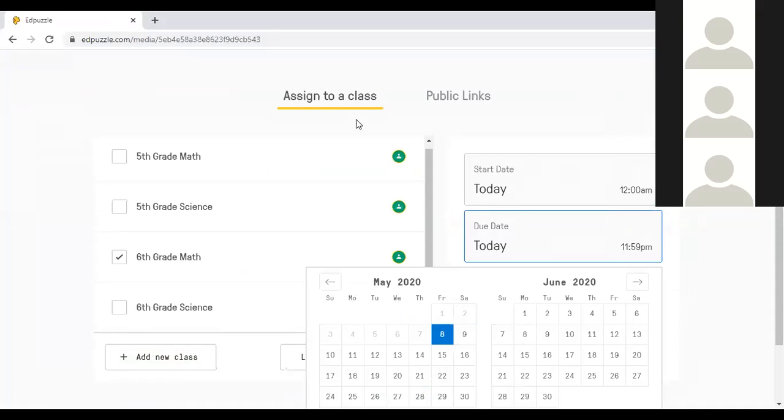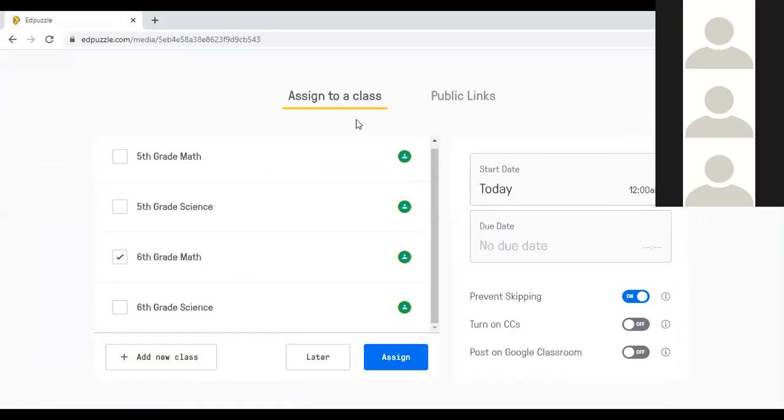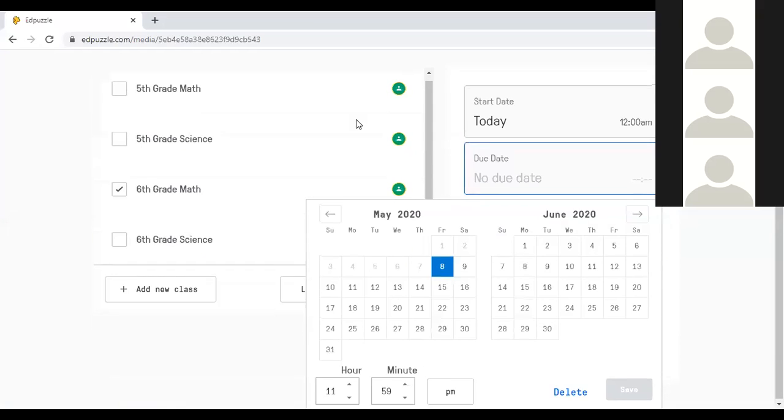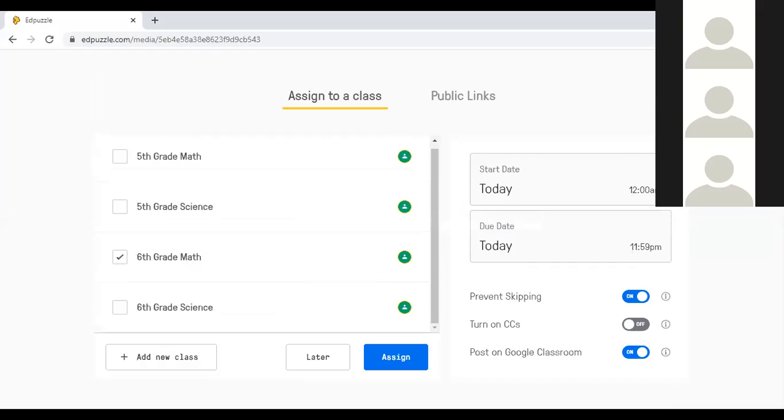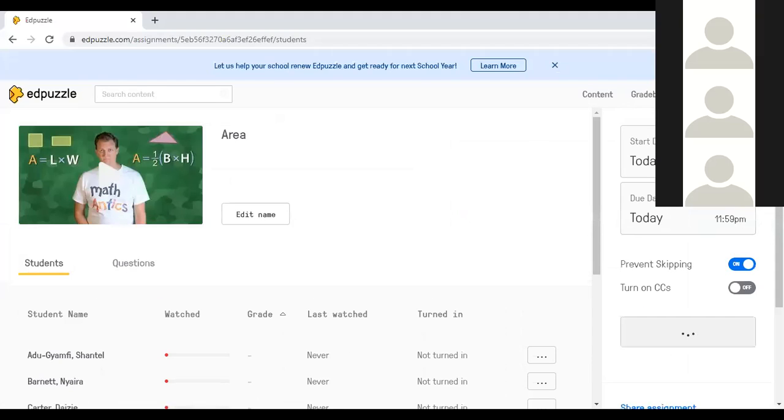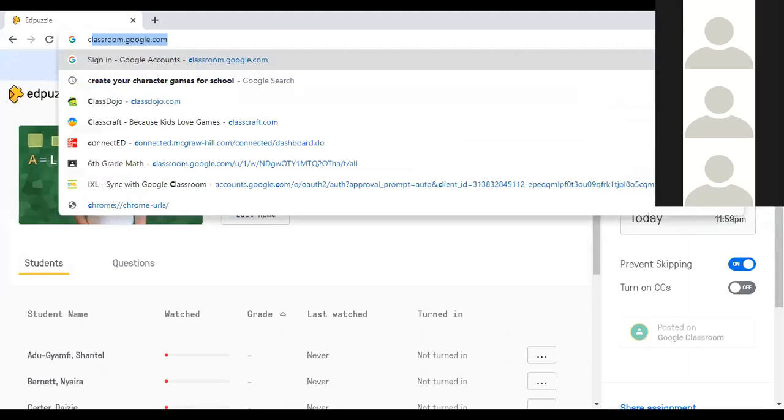Again, it's going to be due by tonight at midnight, like I've been doing all week. I will post this to Google Classroom. And then I'm going to hit, oh, it didn't work. Oh, I have to hit save. Save. All right, I'm going to hit assign. So that is officially homework.